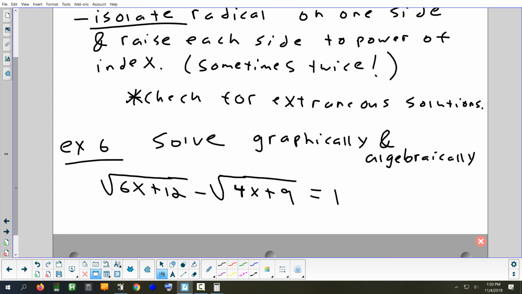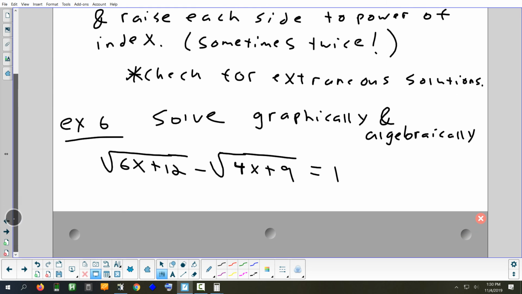What are the steps I said? What do those say to do? Square both. Isolate them and then square. Isolate a radical on one side. That's the first step. You've got both radicals on the same side. So isolate one of them.